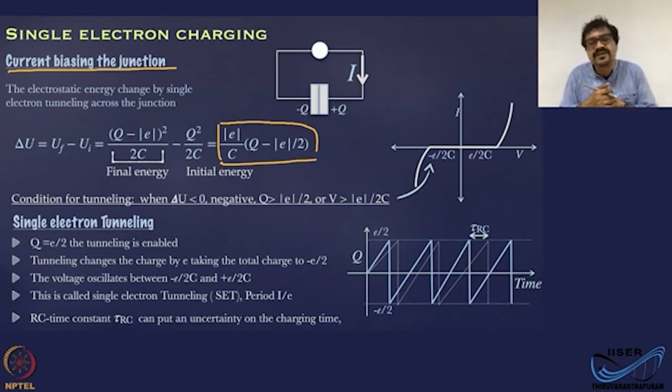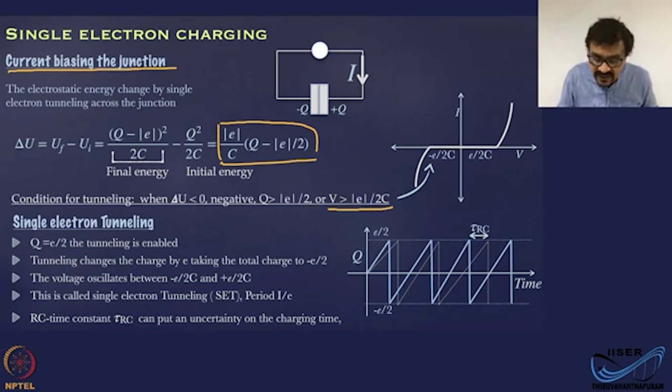Okay, that can happen only when this discharge condition, Q is greater than E by 2, or V is greater than E by 2C, is met.